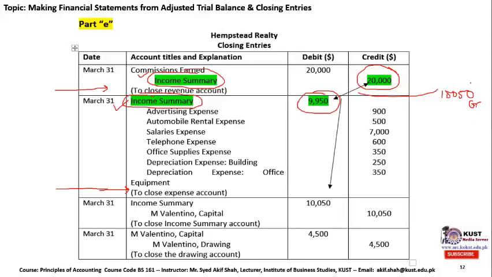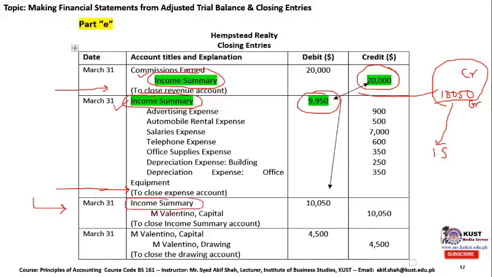So therefore, in order to close down the income summary balance, which is in credit form of $10,050, we have to give a corresponding cross debit entry to the income summary account in the third step. So in the third step, we are going to close down our temporary account, which is named income summary.